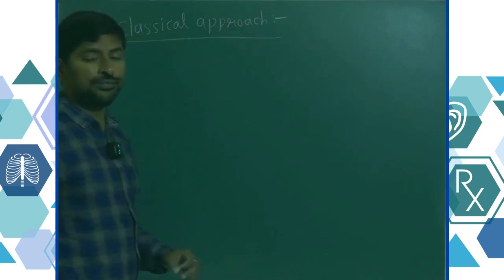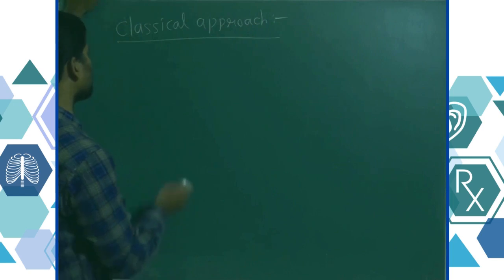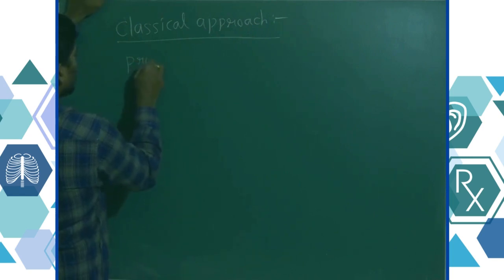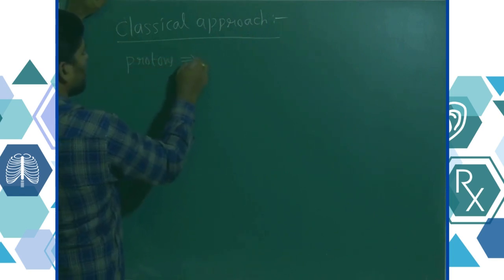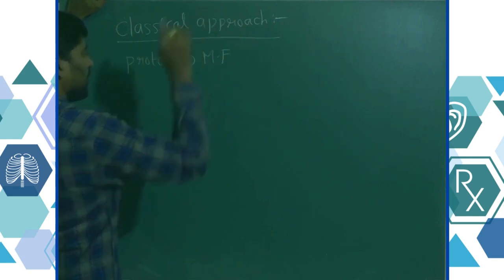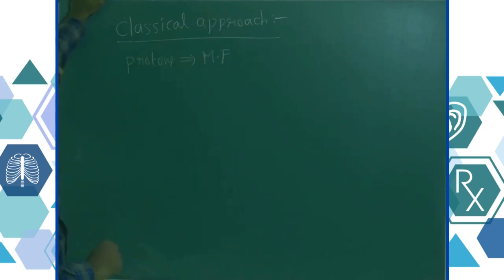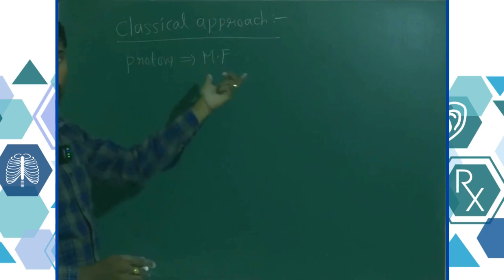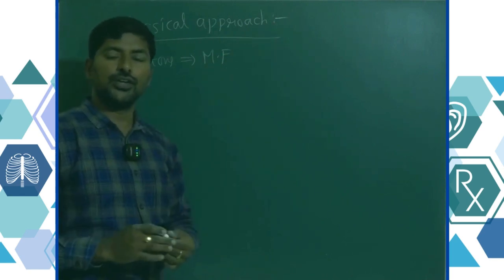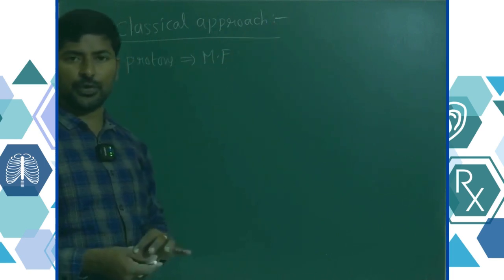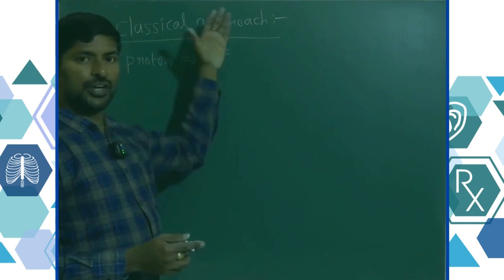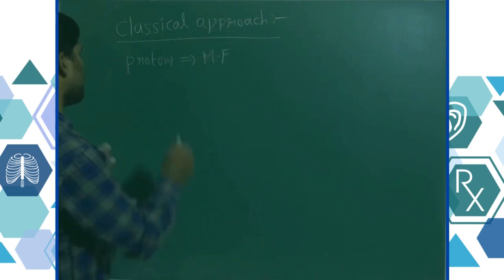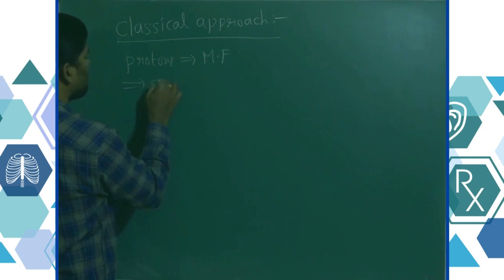Classical approach. According to the classical approach, whenever we take a proton in the presence of a magnetic field, as already discussed, it takes two orientations, upward orientation and downward orientation. If you take a single bare proton, the two possibilities are upward orientation and downward orientation, and this proton spins.